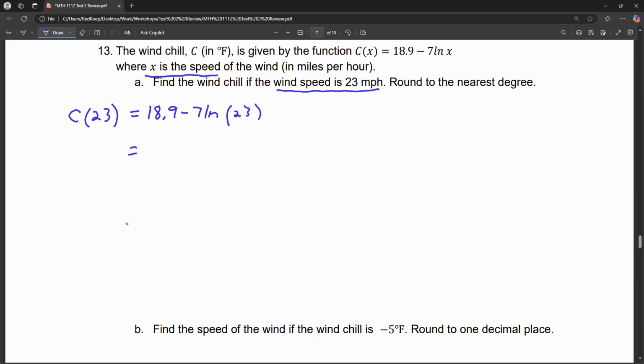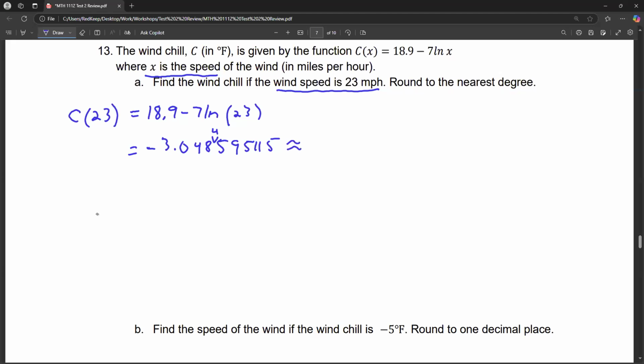Plugging this into my calculator, it gave me negative 3.04859115.